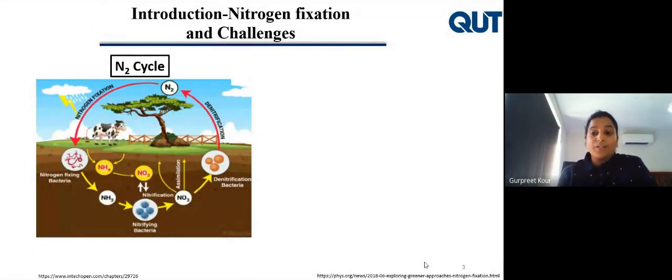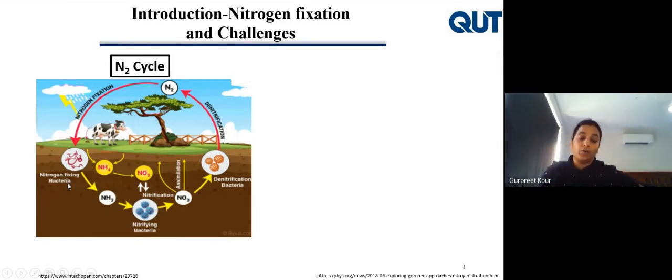Most of us are very much familiar with the cycle where nitrogen, which is otherwise inert because of a very high triple bond, cannot be used as such. So it has to be converted to various usable forms for plants and other microbes. In the nitrogen cycle, nitrogen is converted to ammonia in presence of nitrogen fixing bacteria, and also in presence of lightning.